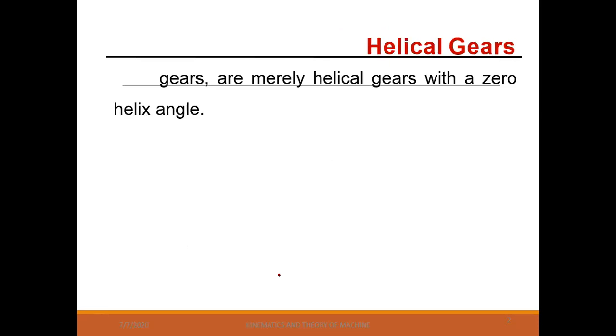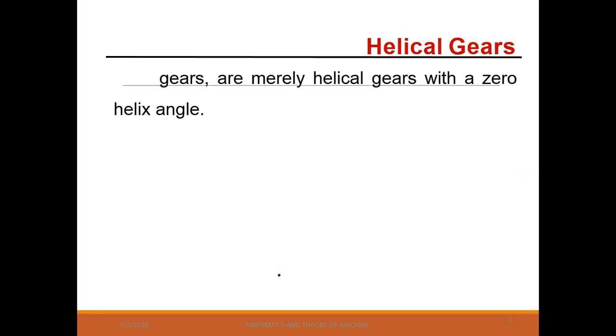Spur gears are merely helical gears with a zero helix angle. If the helix angle is zero, then it is not called a helical gear, but a spur gear.